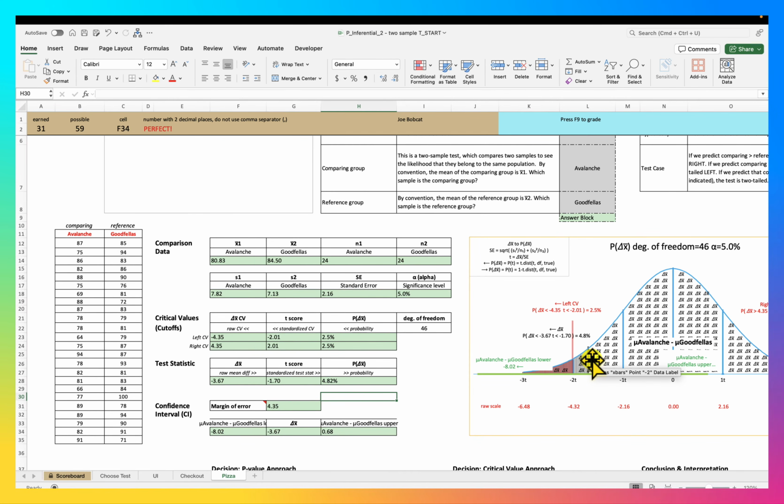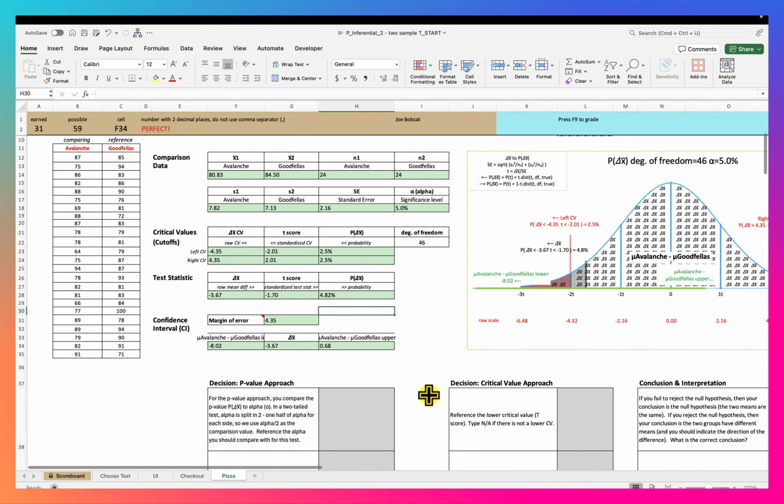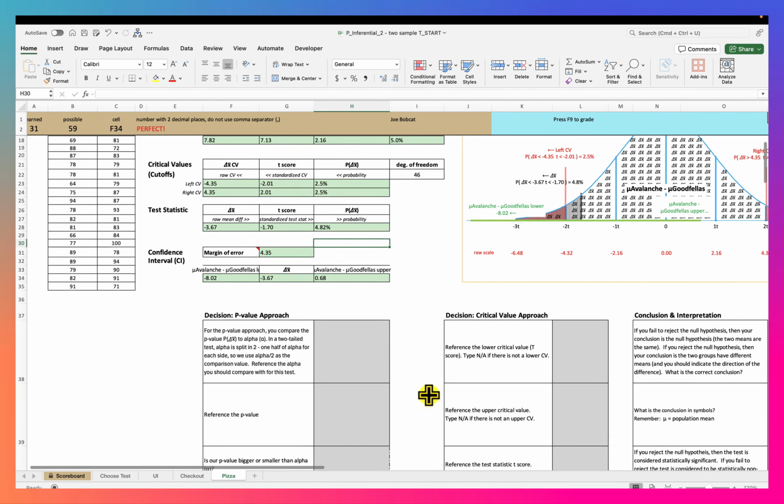You can also see it's going to be a fail to reject here because the test statistic lands here outside of the rejection area. And we can also see it's going to be a fail to reject because the probability out here is 4.8%, but we only had on each tail 2.5% to play with. So lots of indicators that this is failed to reject.